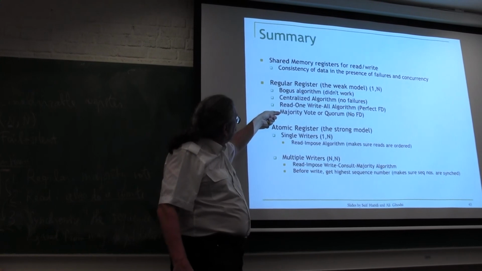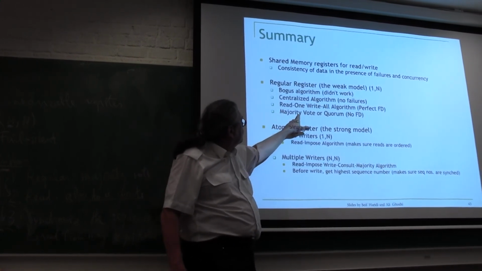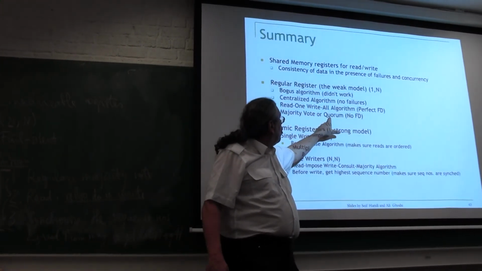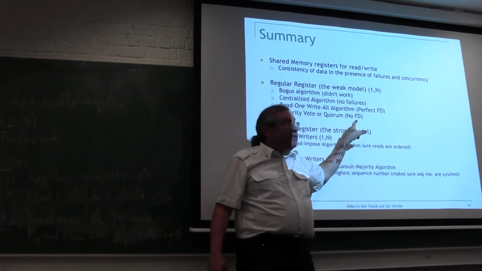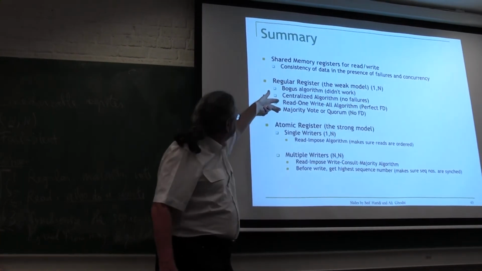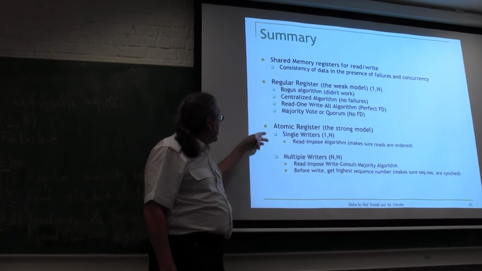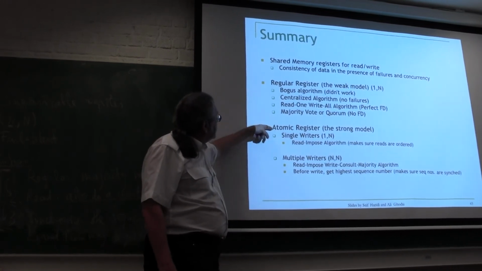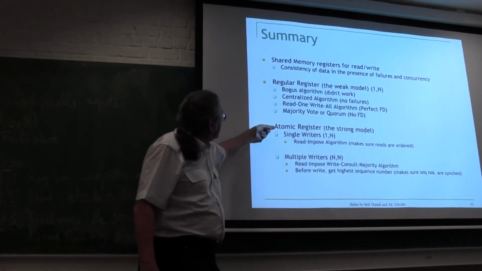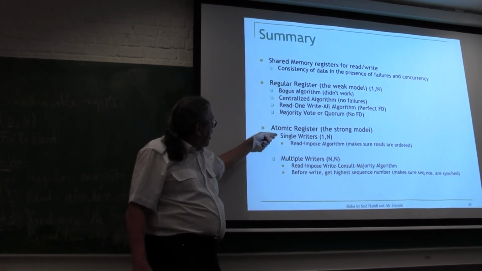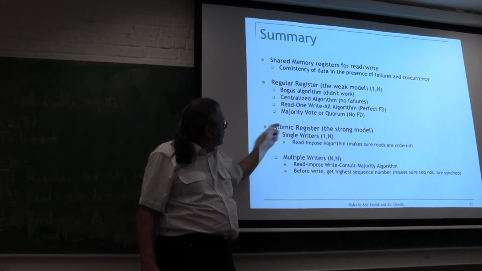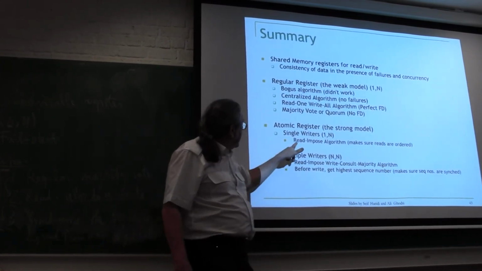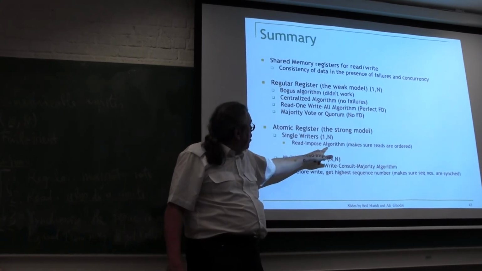And then, in order to go to the internet, we went to the majority algorithm, or quorum. This one is fail-silent, so no failure detector. Then we went to the next level: the strong model, atomic or linearizable. I first showed you a single writer algorithm. The idea is you do read-impose.